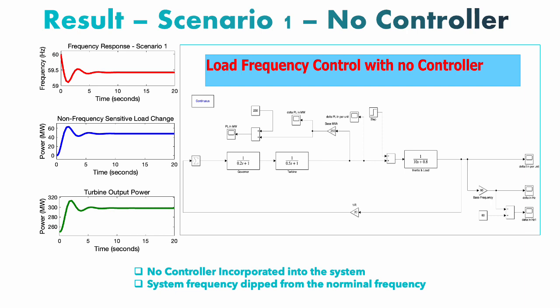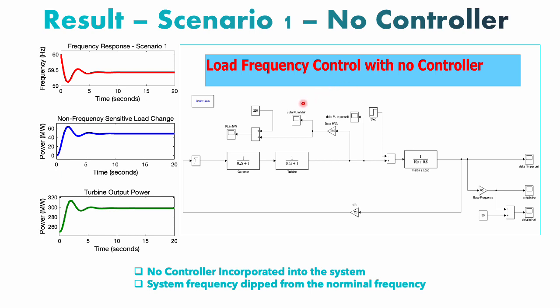Our base scenario, which is scenario 1, is a power system without any load frequency control. So basically, we have our thermal power system generating at 250 megawatts. Then we fed an additional 50 megawatt plant into the system to observe the frequency response.